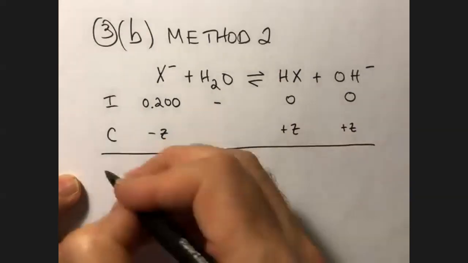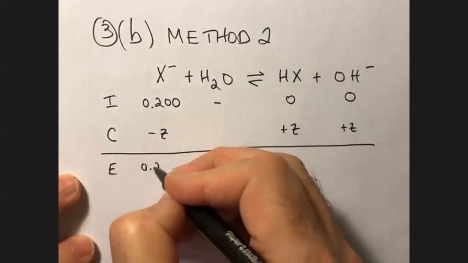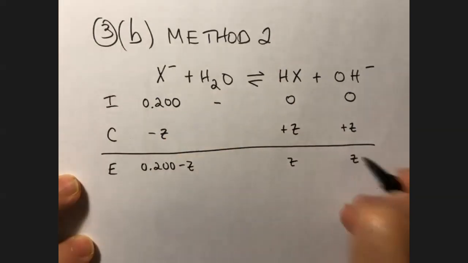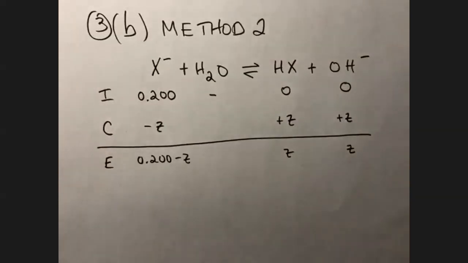And so at the end, we're going to get 0.200 minus Z, Z, and Z. So we have our ICE table. Remember what it said there: don't confuse Ka with Kb. Careful.